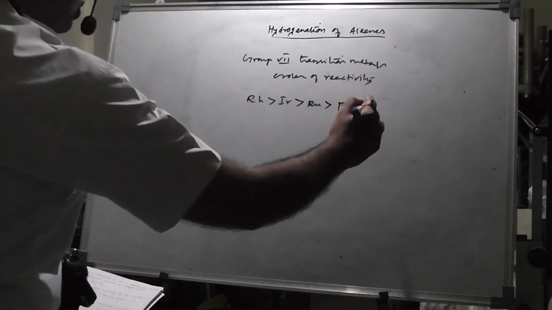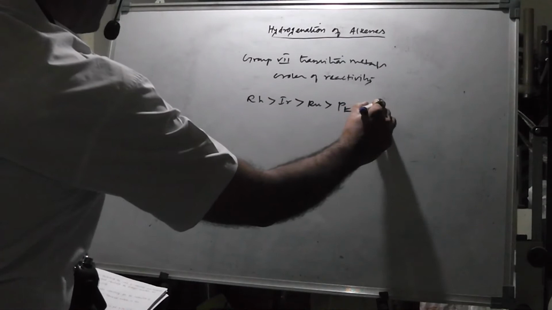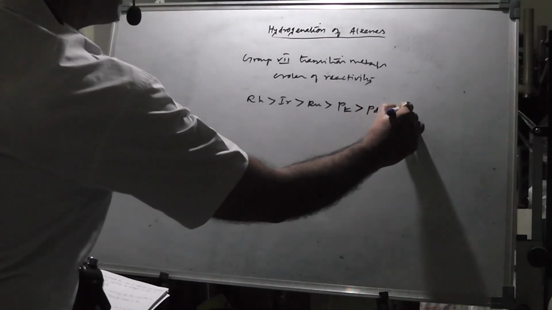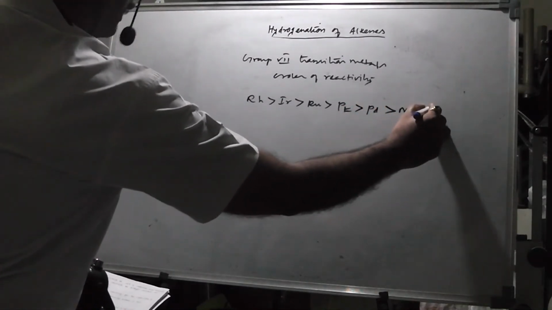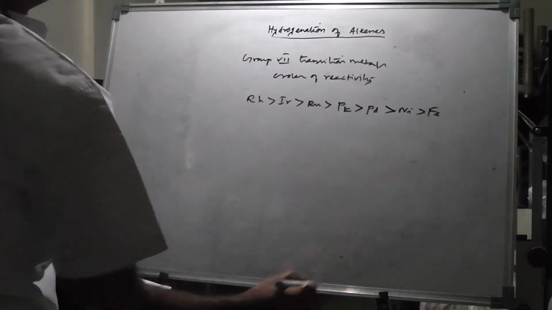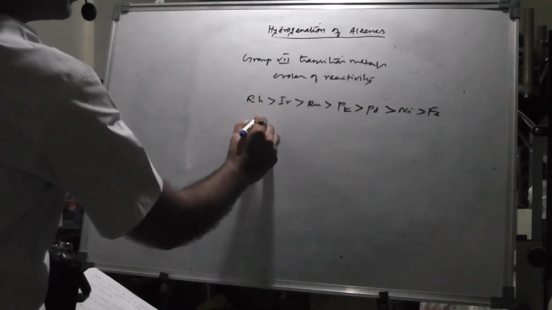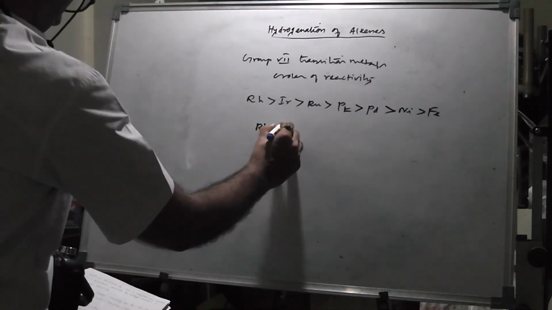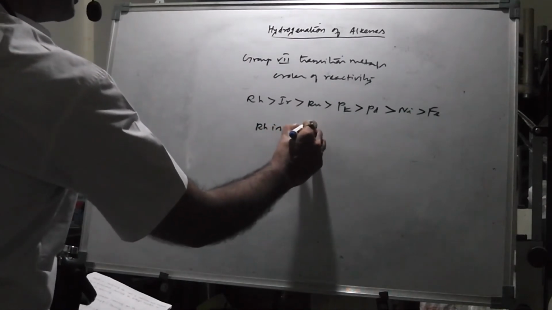It is a decreasing order that I am writing. So among all, rhodium is the most active catalyst in the series.